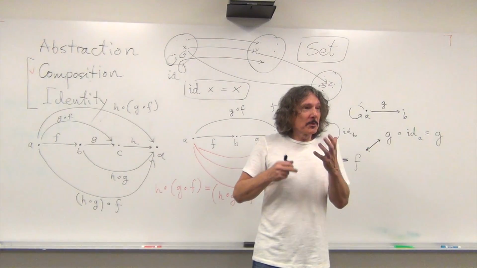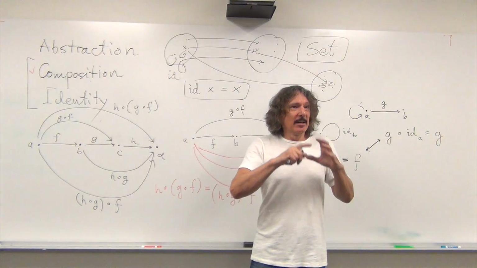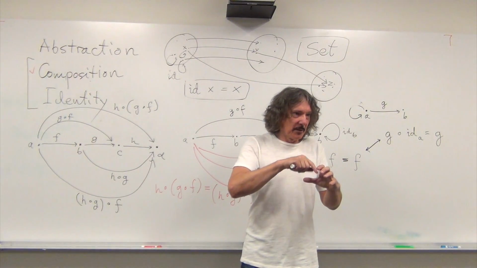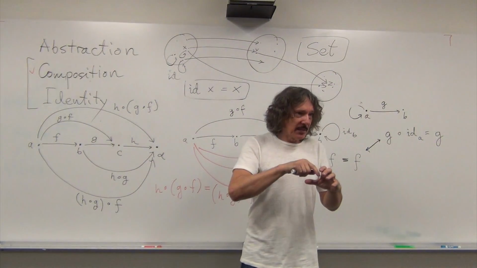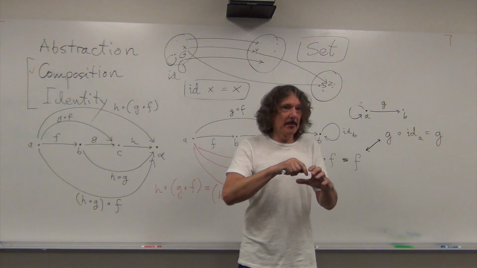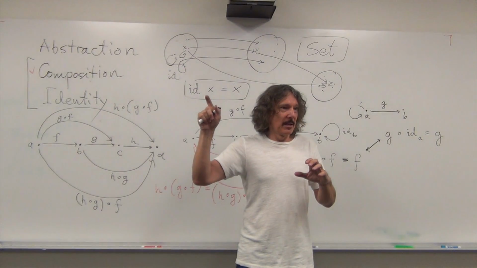Well, okay, so what we are doing here is we are studying the set and we find out that there are many functions going from the set to itself, right? One of them is the identity function. This will become our identity morphism, right?